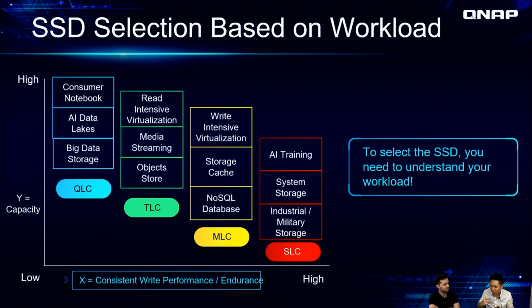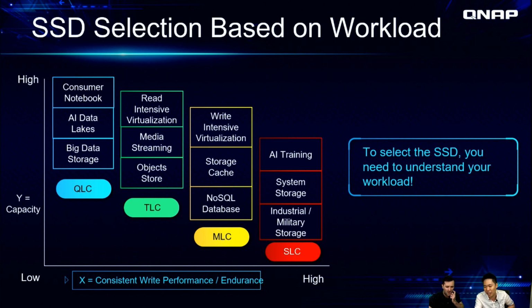So you need fast random read performance, and also fast random write performance. That's why different SSD vendors all recommend using, for example, MLC or even SLC for AI algorithm training, because it can help you not only read faster, but also write faster and train your AI model faster.